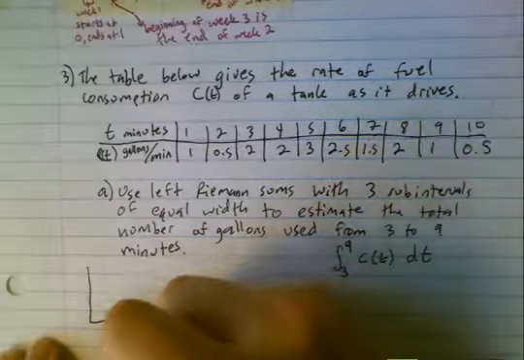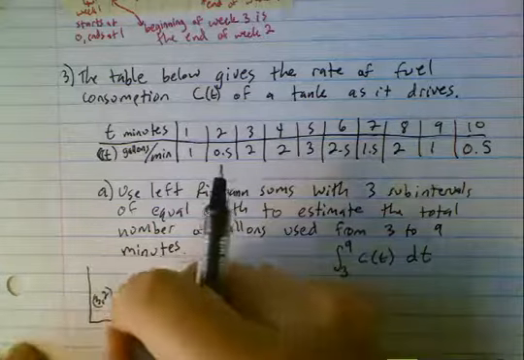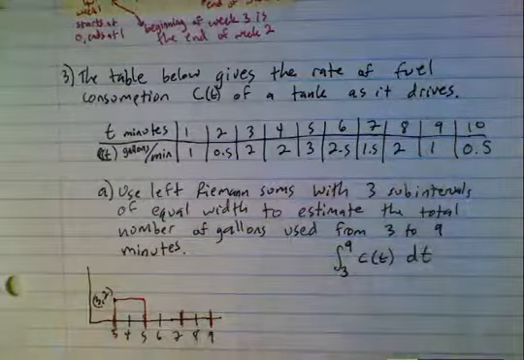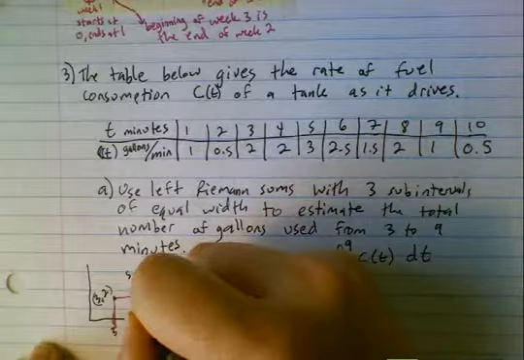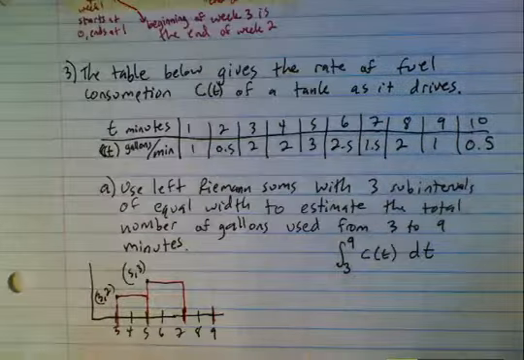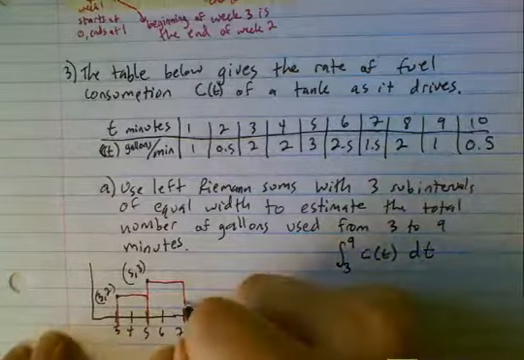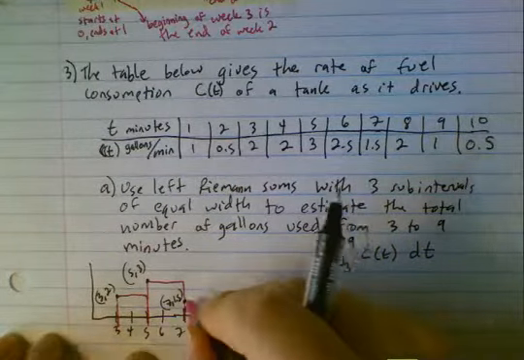So that means we're going to be using the point 3, 2 to do our first one. Then we're going to use the point 5, 3 to do our second rectangle. Then the point 7, 1.5 to do our final rectangle.